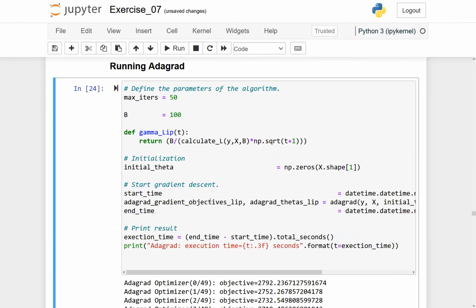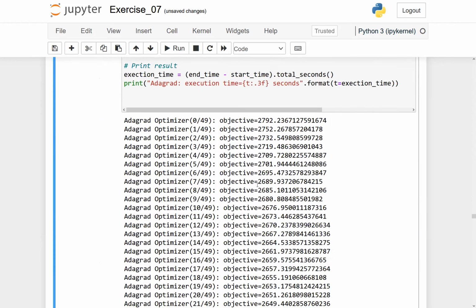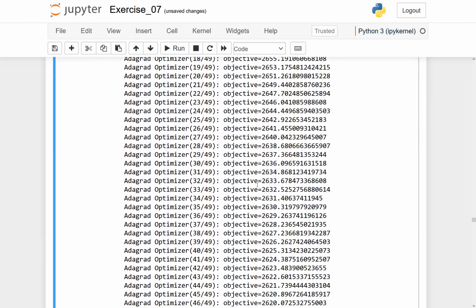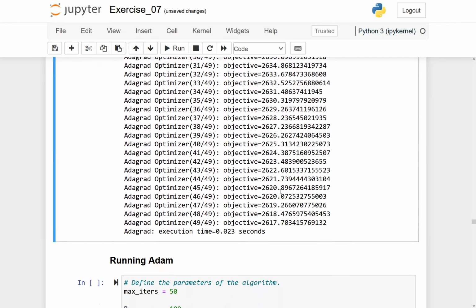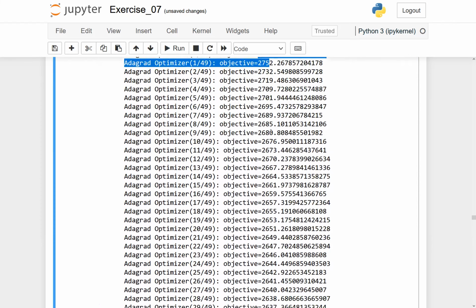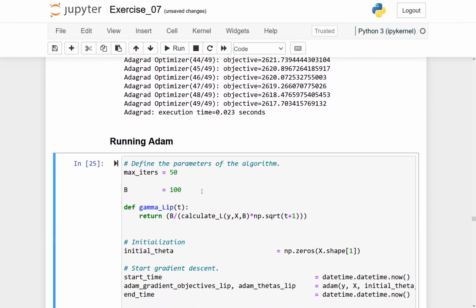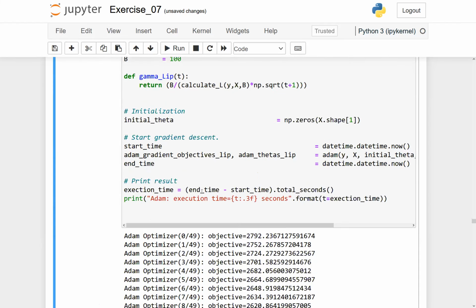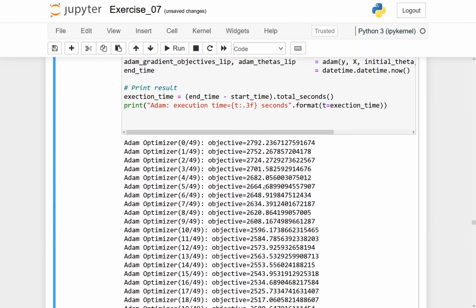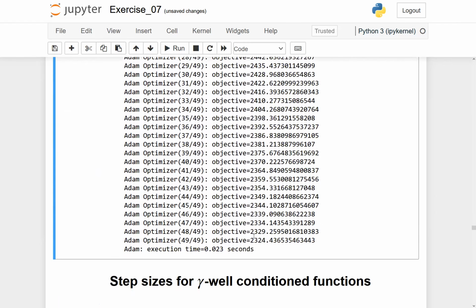What is Adagrad doing for this Lipschitz choice? Well, not much, let's say. You see the values here are not better than for the naive choice. What about Adam? Is Adam better in this regard? And we see, well, not really.